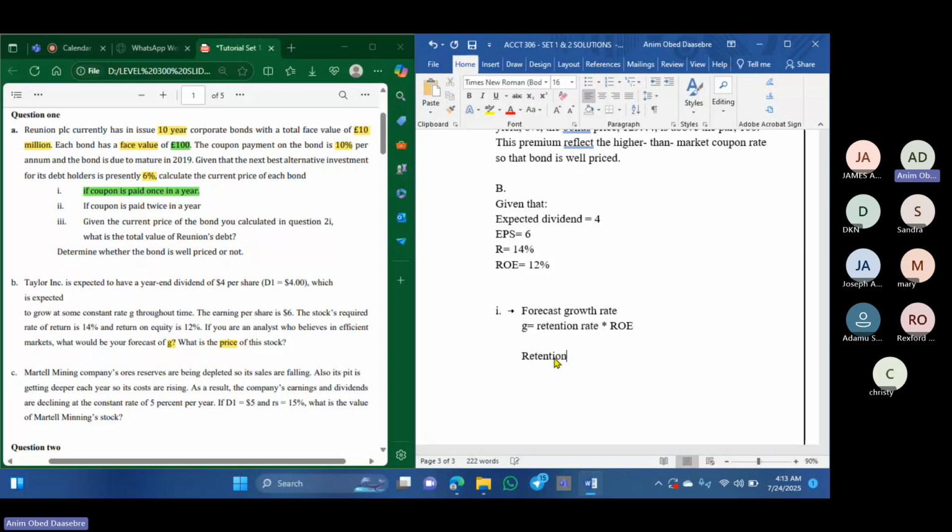So retention rate plus payout ratio will give you one. This one is also equal to one minus the plowback ratio. Somewhere you can see plowback.